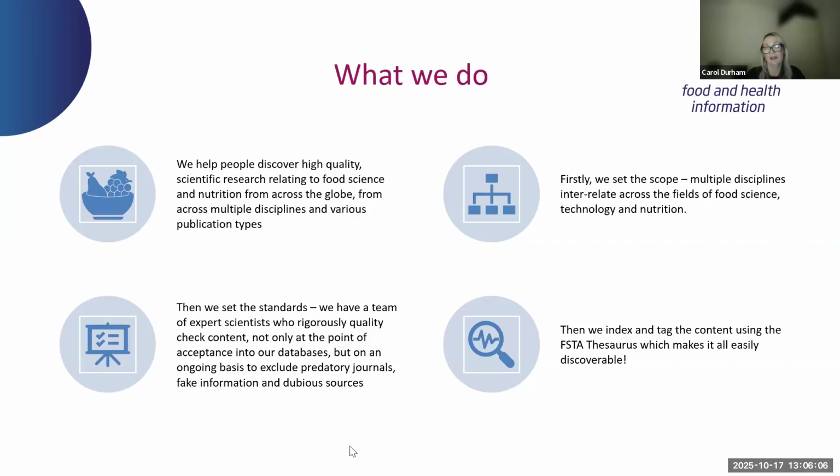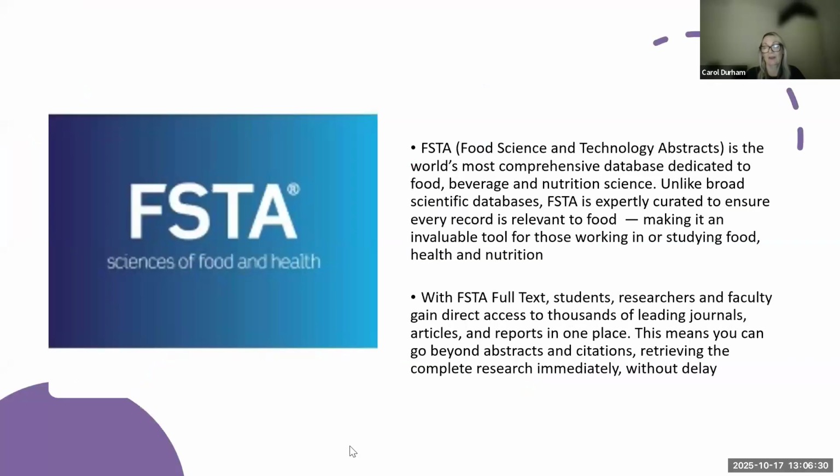They don't just do this at the start, when a publisher might come to us and request that we include their journal in our databases, but they do it on an ongoing basis to make sure that we exclude predatory journals and we exclude fake information and dubious sources. When we've done all that, we then index and tag the content using the FSTA thesaurus, which really just makes it all very easy to discover.